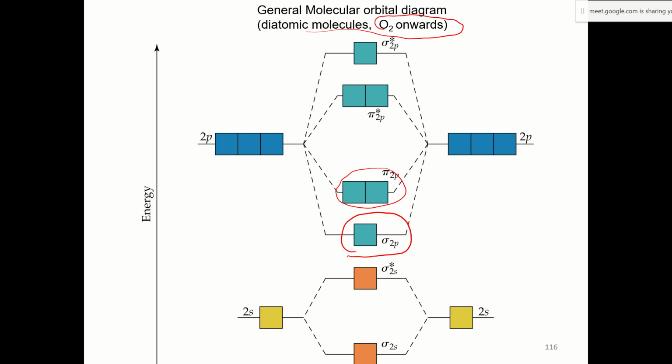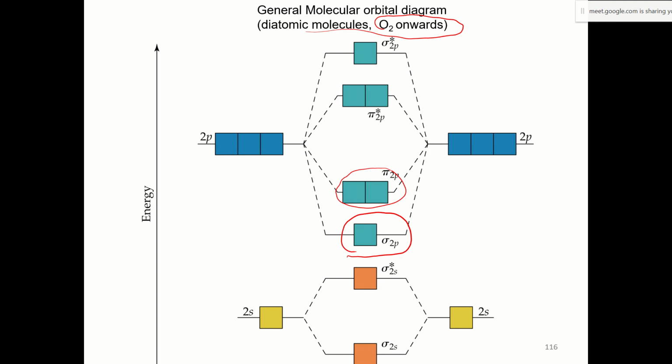Locate the nucleus, locate the electron density, consider the constructive and destructive interference, and then explain what is happening. Look at the internuclear region, the internuclear axis, and everything is clear.